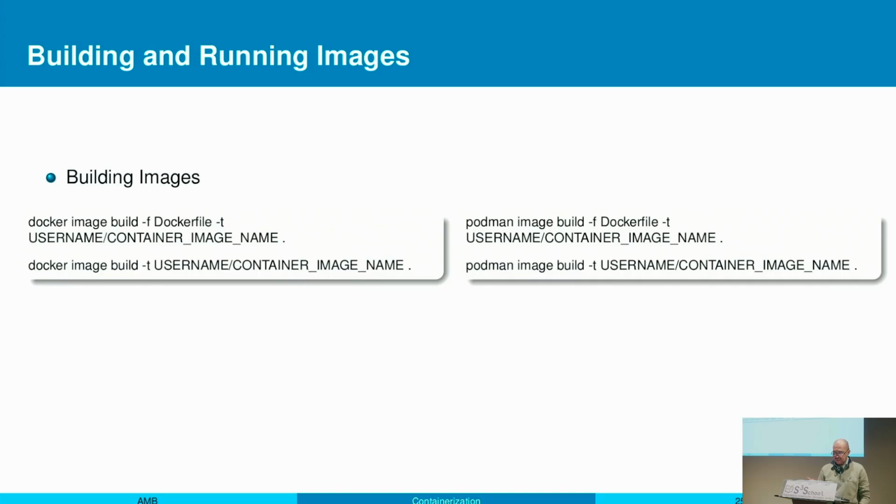Again, you can put whatever you want there. Then a dot. This command looks for the Dockerfile in your current directory and then builds the image from that Dockerfile.